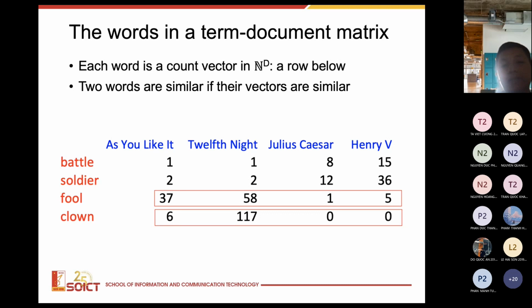So we can apply the same idea to measure the similarity of different words. We can use the vectors to calculate the similarity, right? So it would be represented as a row, right?